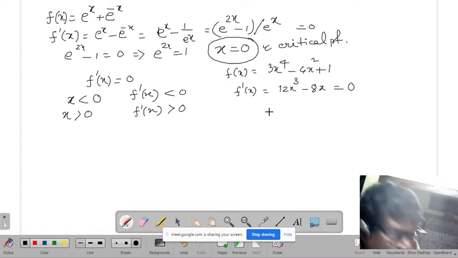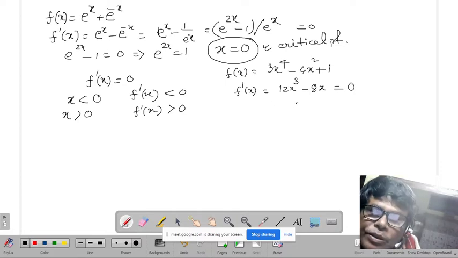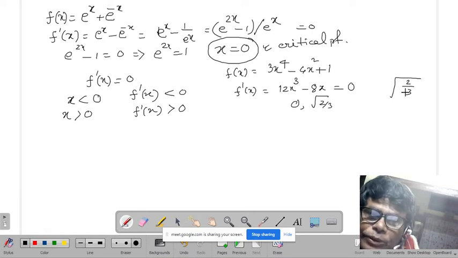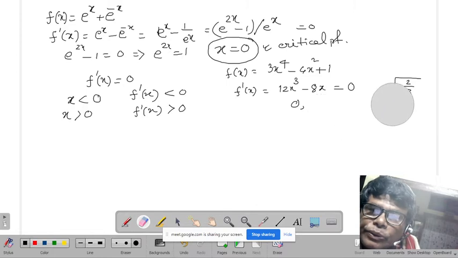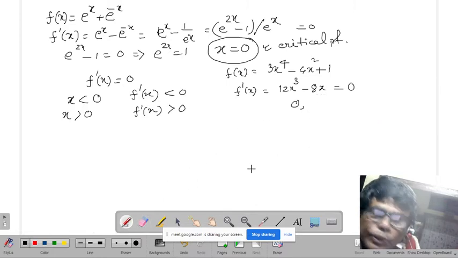Sir, 0 and root over 2 by 3, or minus root over 2 by 3. Right one, yes, sir. Okay, so root over 2 by 3. So these are the critical points.